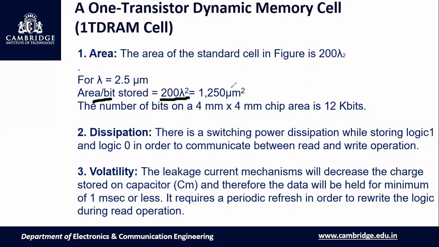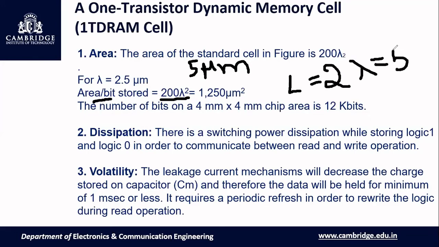So we'll get to know that it is 200 lambda square. And here we'll consider 5 micron technology. For 5 micron technology, your channel length L will be equal to 2 lambda, that will be equal to 5 micron.